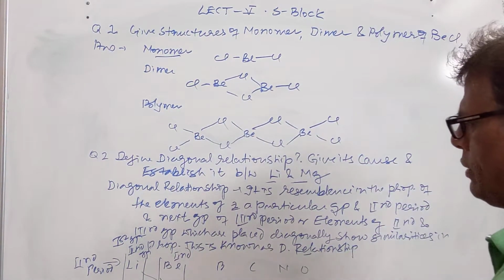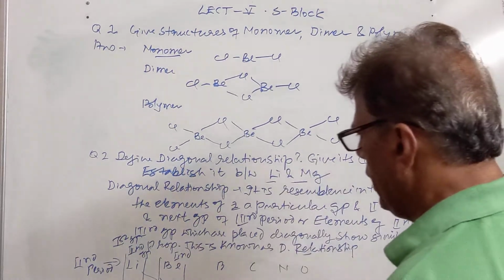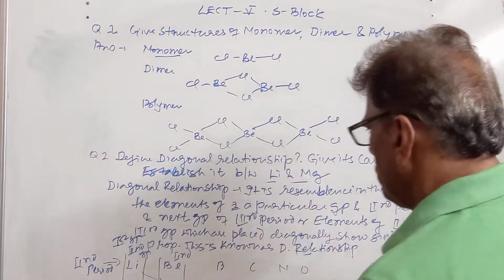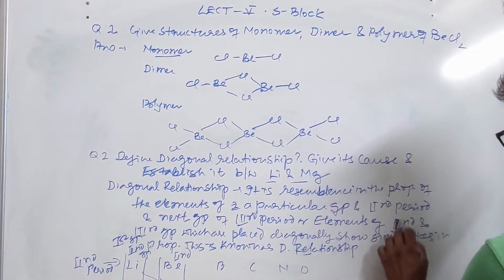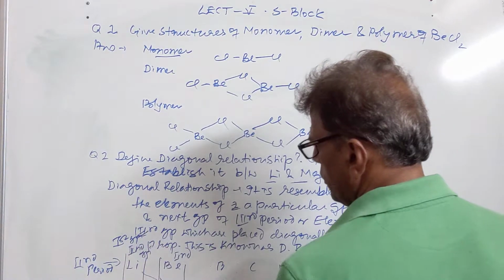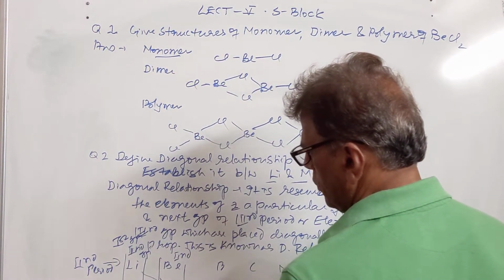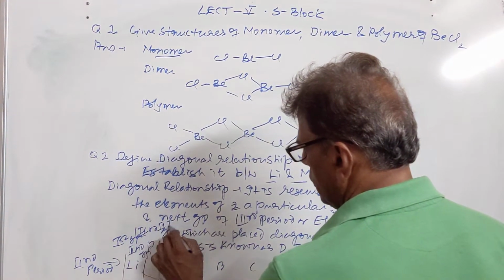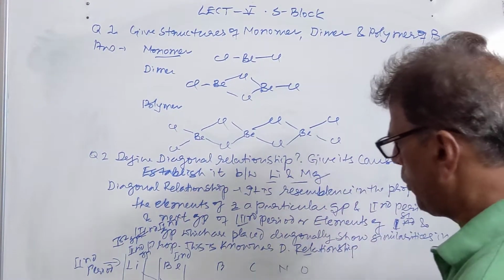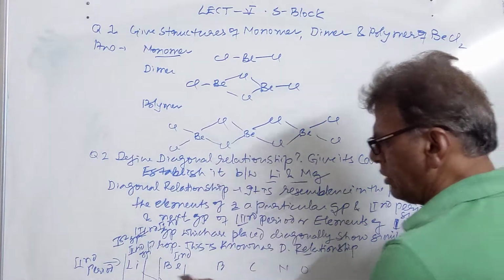So the resemblance in the properties of the elements of the first and second group which are placed diagonally, this is called diagonal relationship.